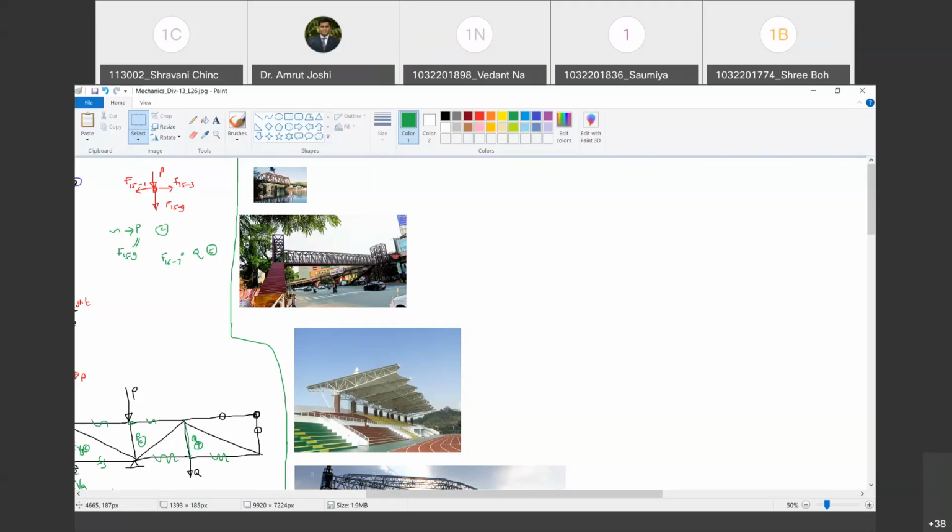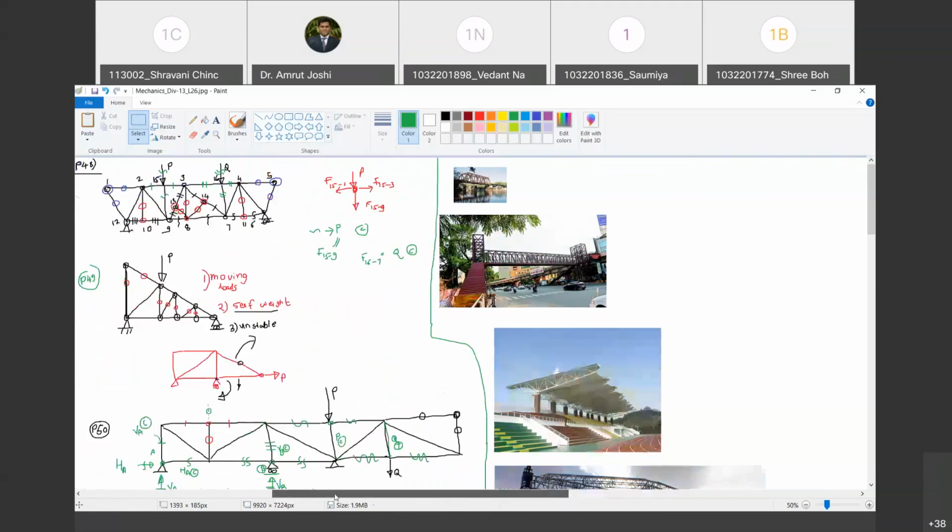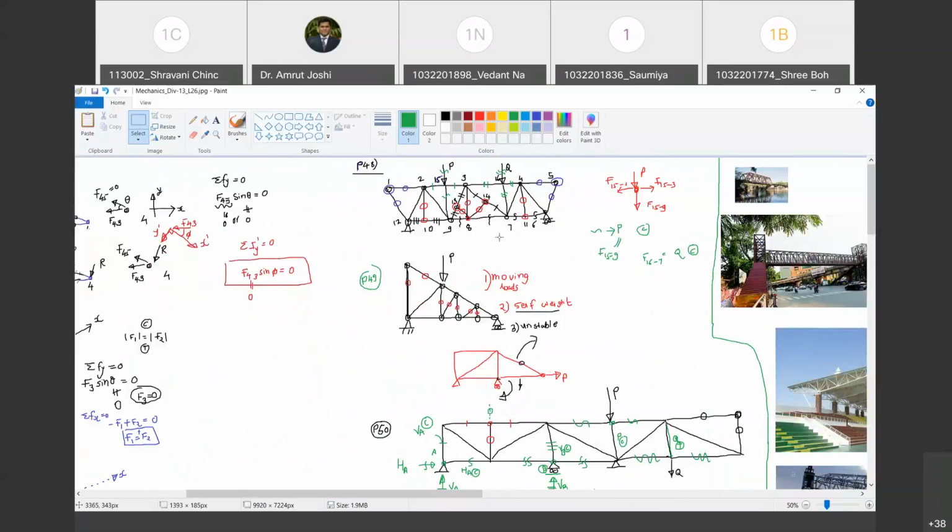Therefore, the very use of a truss is in a situation where there is a demand to resist a huge load with lightweight. समझ में आ रहा है? Yes, sir. So, but naturally, forces induced due to external loads are going to be significantly higher than the forces induced due to its self weight. And on those grounds, we neglect self weight.